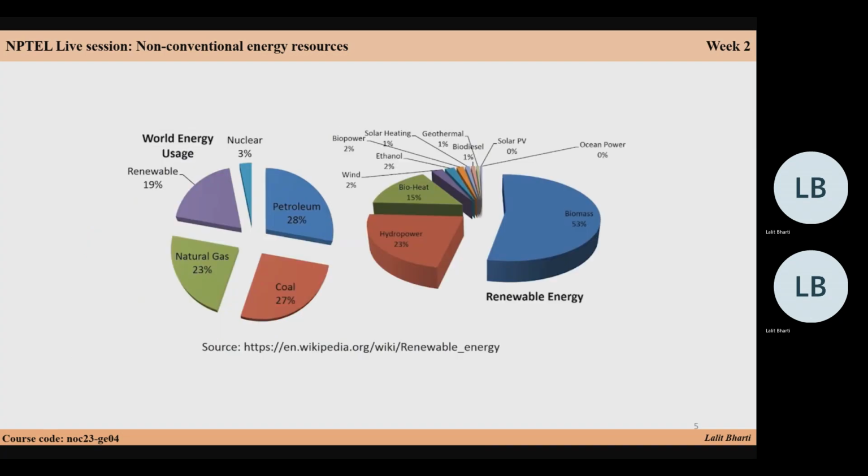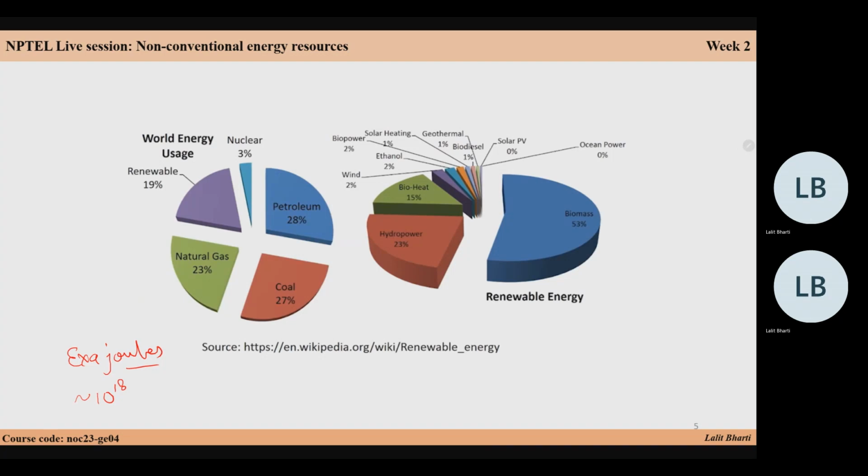Here again we see the world energy uses. As mentioned, humanity consumes around 800 exajoules of energy. Exajoules are in terms of 10 to the power 18; exa is 10 to the power 18.